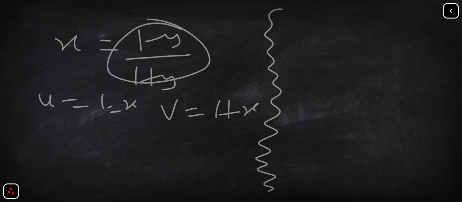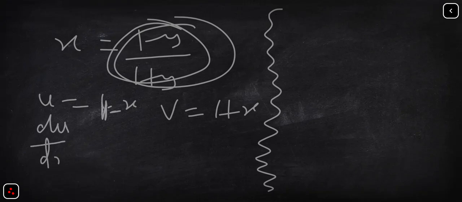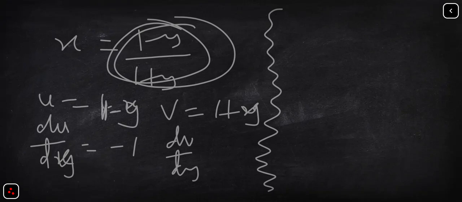For those that don't remember how to differentiate a function like this, 1 minus y over 1 plus y, use the quotient rule. So the next thing you have to do is to differentiate. We are working in y, so du dy will be minus 1, and dv dy will be 1.